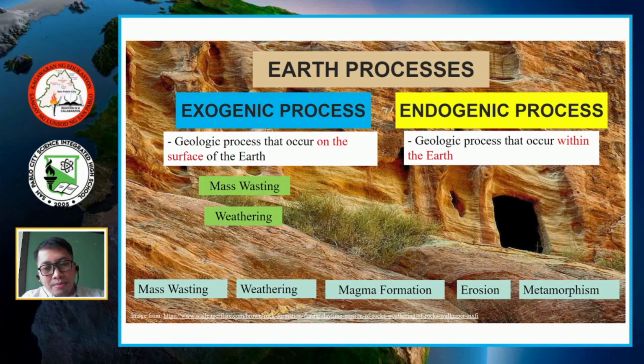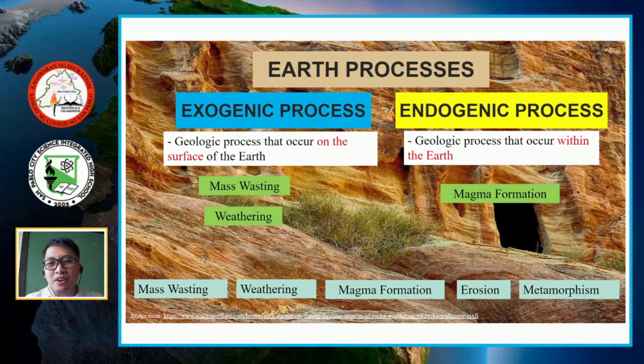What about magma formation? Magma formation is an endogenic process. Remember, for magma formation to occur, kailangan natin ng high temperature. At makikita natin yung high temperature na yun, yung enough na temperature na yun, inside the Earth, so that it is an endogenic process. What about erosion?